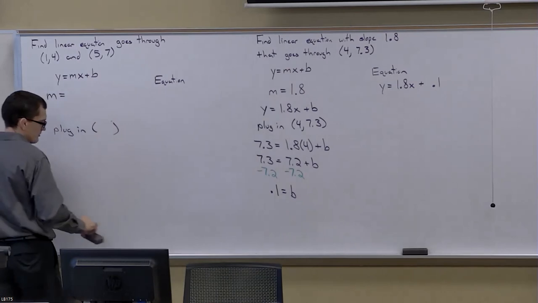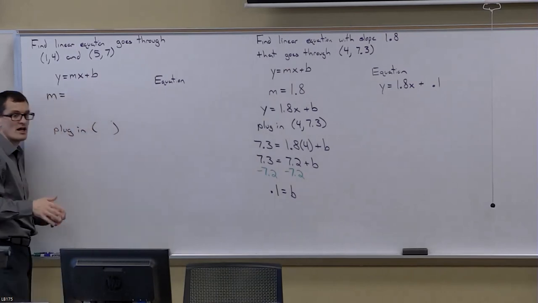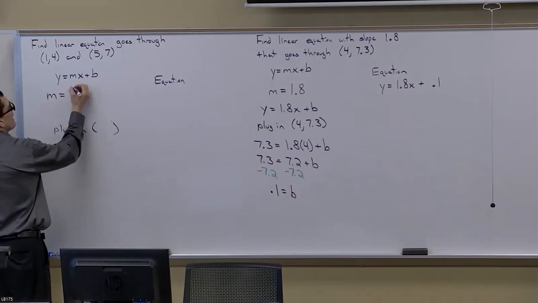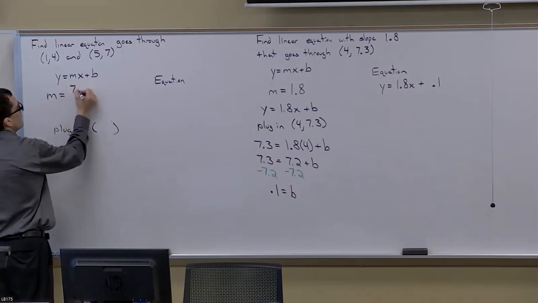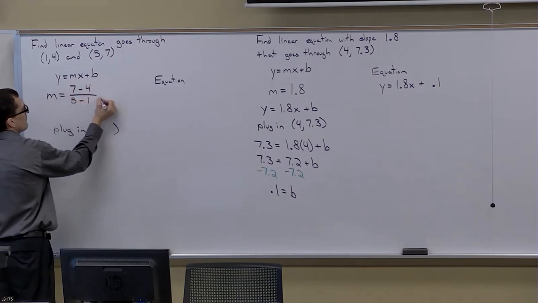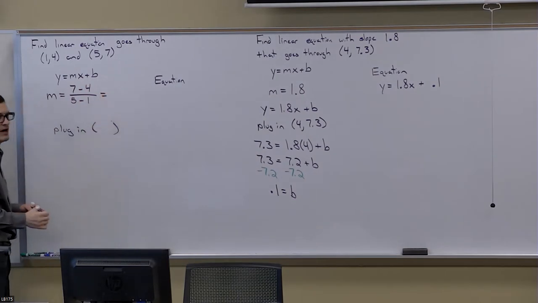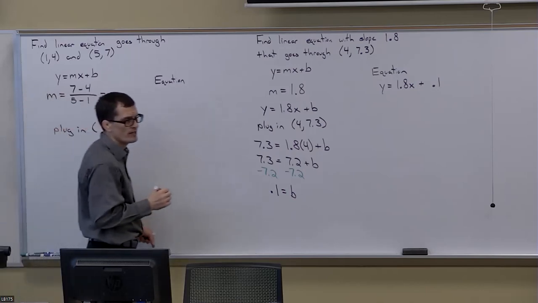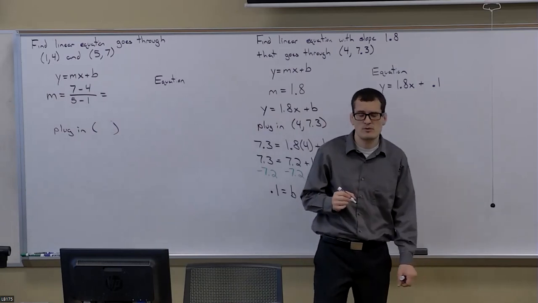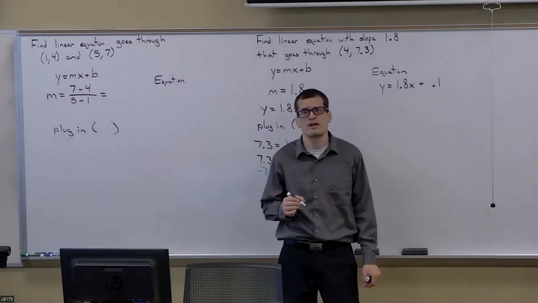Because I'm given 2 points on the line, I can find the slope by taking y2 minus y1 divided by x2 minus x1. The y value of the second point minus the y value of the first point, all divided by the x value of the second point minus the x value of the first point.